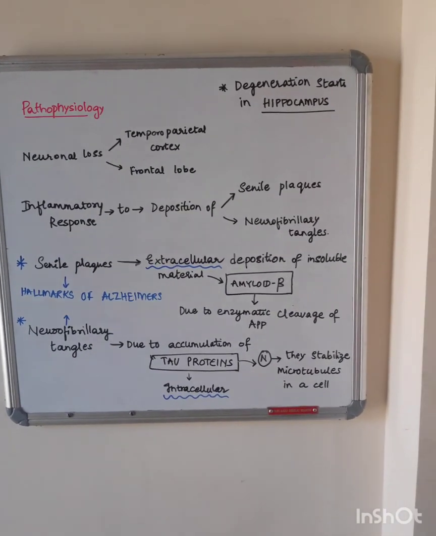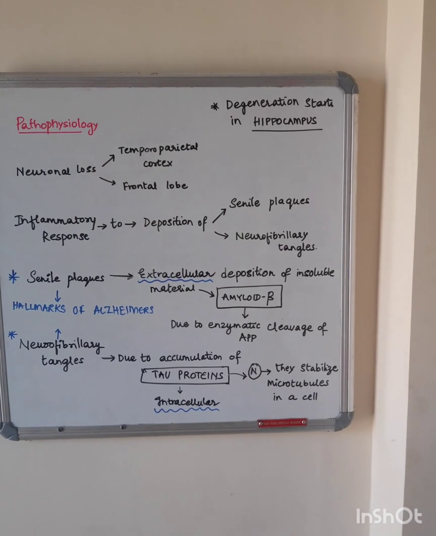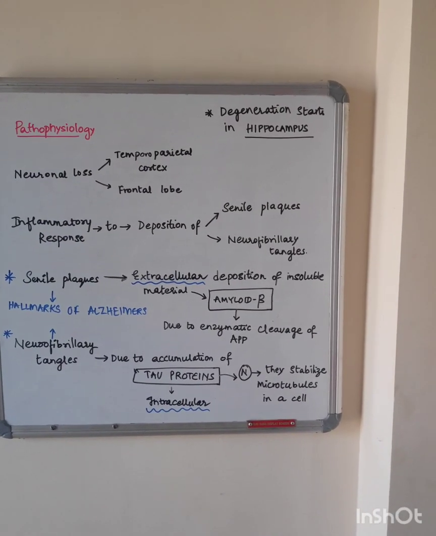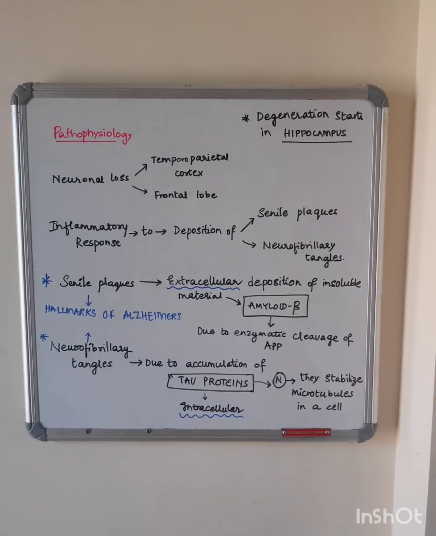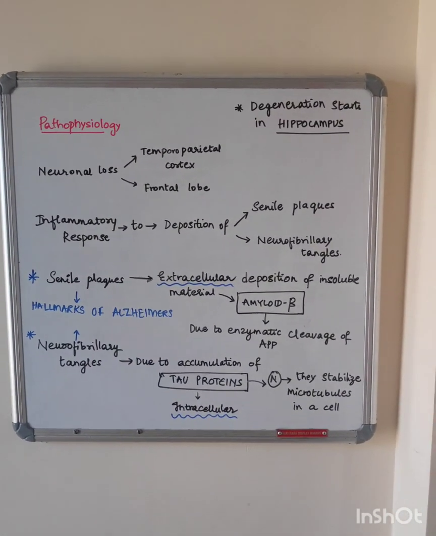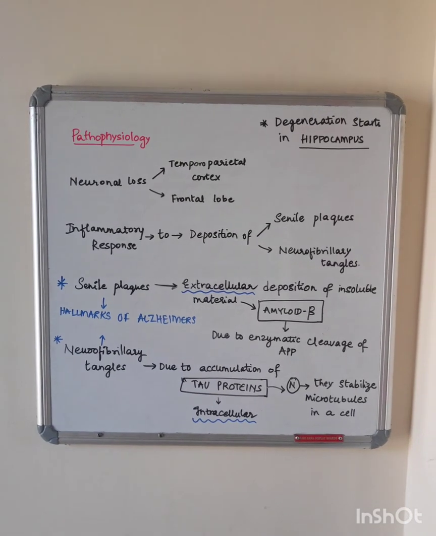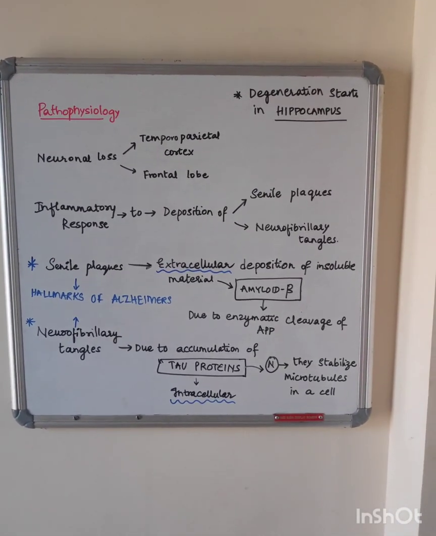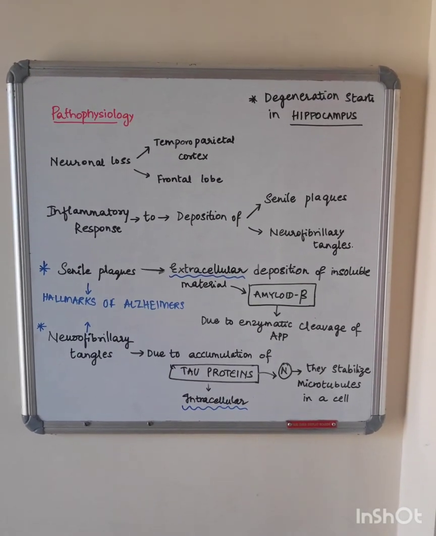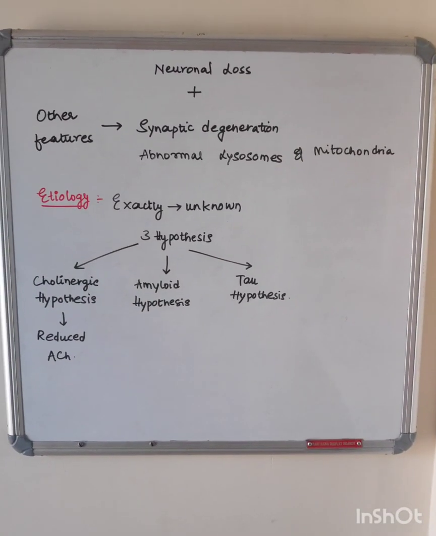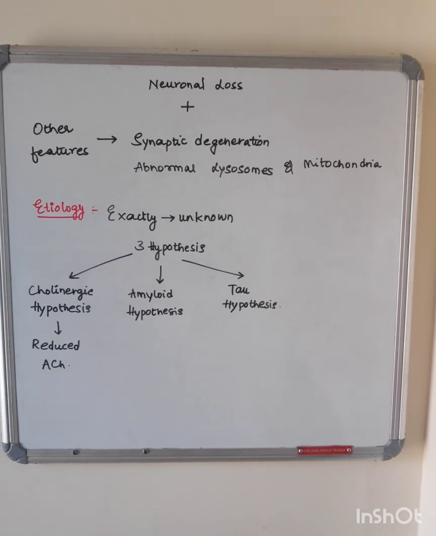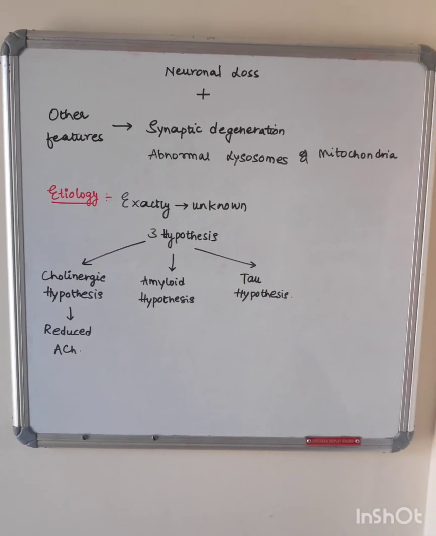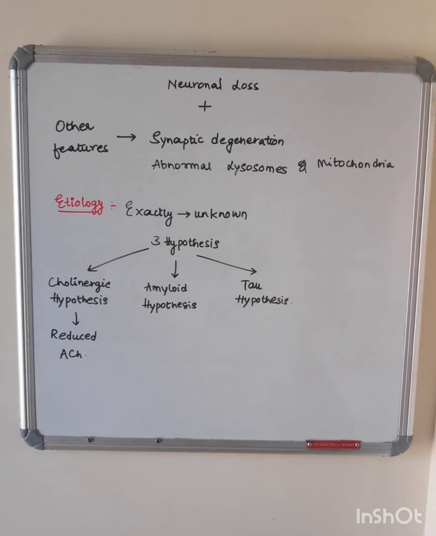The senile plaques are extracellular because it is deposition, and the neurofibrillary tangles are intracellular because it is accumulation. These together constitute the hallmarks of Alzheimer's disease. These are the main important features for the diagnosis of Alzheimer's disease. Along with the neuronal loss, we can also see some other pathophysiological features, that is synaptic degeneration and abnormal lysosomes and also mitochondria.